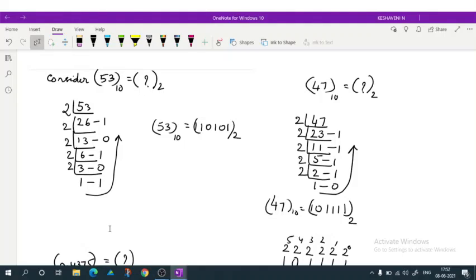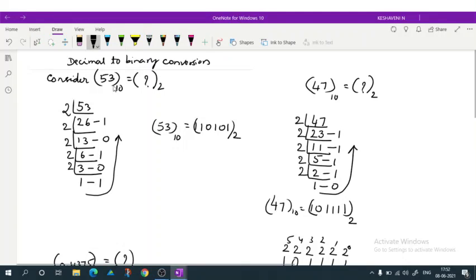Now here, in decimal to binary conversion, I'll write here: decimal to binary conversion.